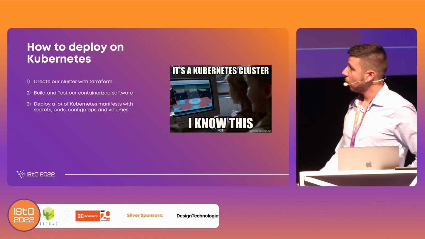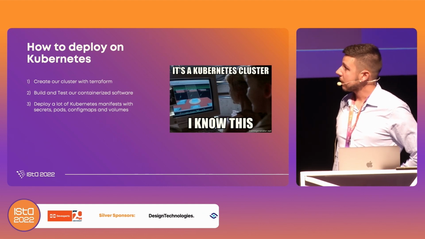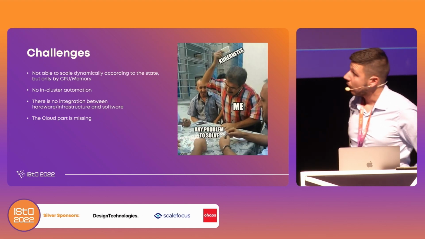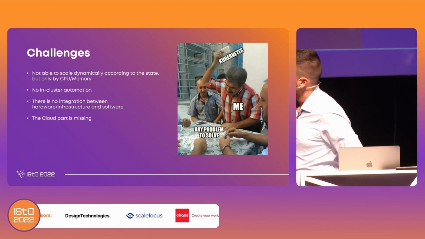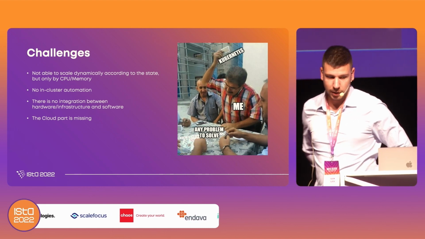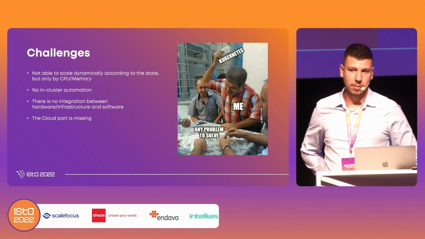So we deployed, using this example, our application with a lot of Kubernetes manifests. Then, what challenges would we face? Well, we'll have several challenges. One is not being able to scale dynamically according to the state of our application.